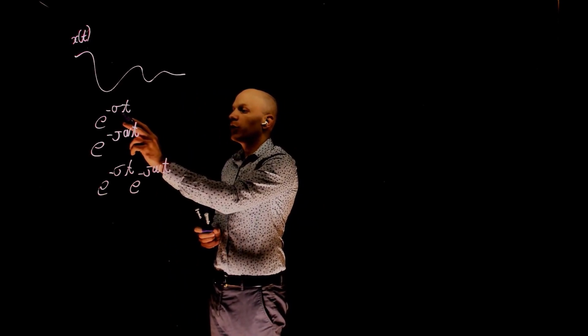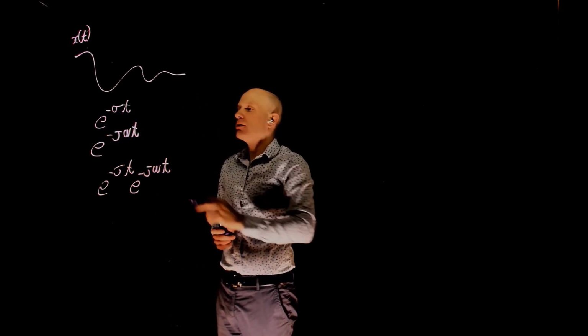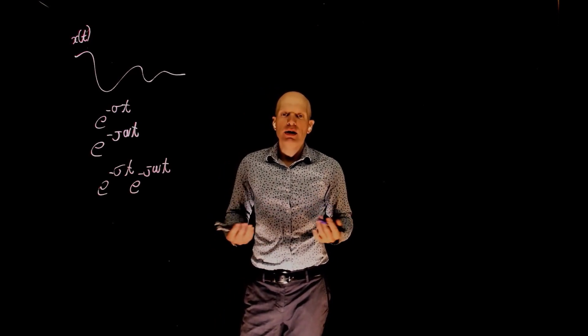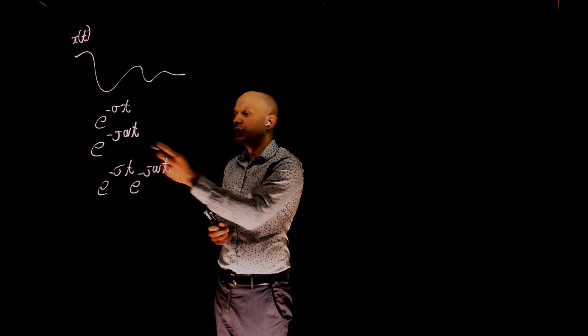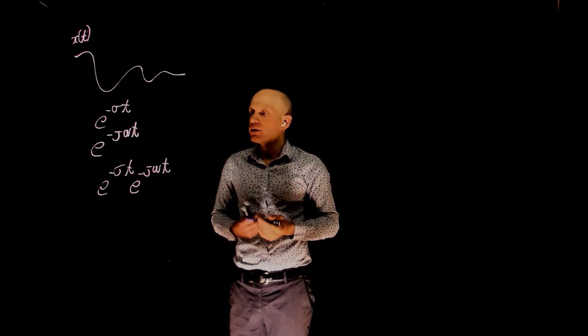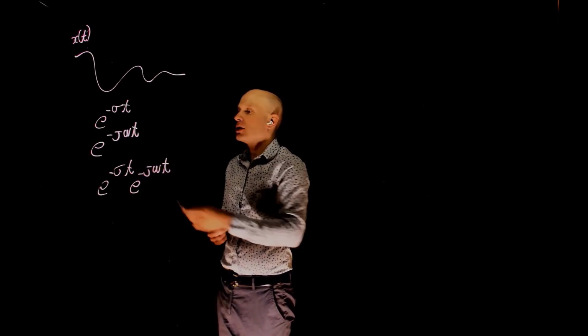Sigma is a real number. Exponential of negative sigma times t gives an exponential waveform. Exponential of negative j omega t, where j is a complex variable, gives a sinusoidal waveform of frequency omega.